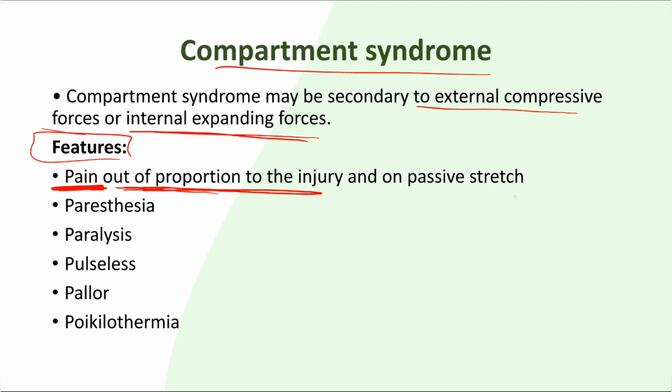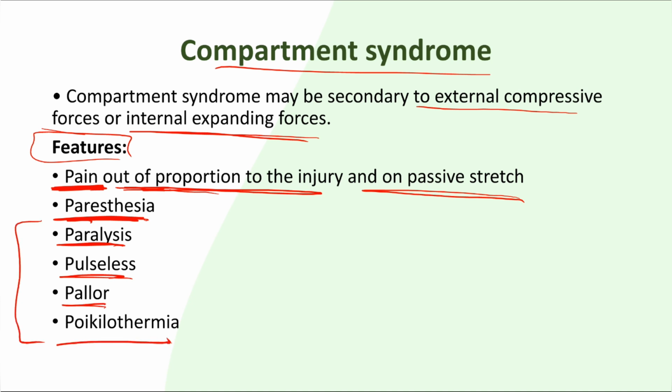When you do passive stretching of the muscle, it will lead to excruciating pain. There is also paresthesia, so this is the second P. Another P is paralysis, pulselessness, pallor, poikilothermia, decreased temperature. All these symptoms might happen late, so try to find the pain which is out of proportion, and by stretching, as soon as possible.